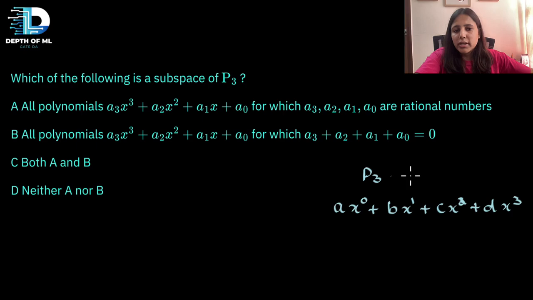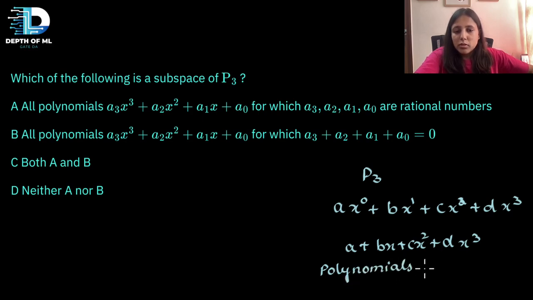So these are the polynomials of up to degree 3, nothing but a plus bx plus cx² plus dx³.